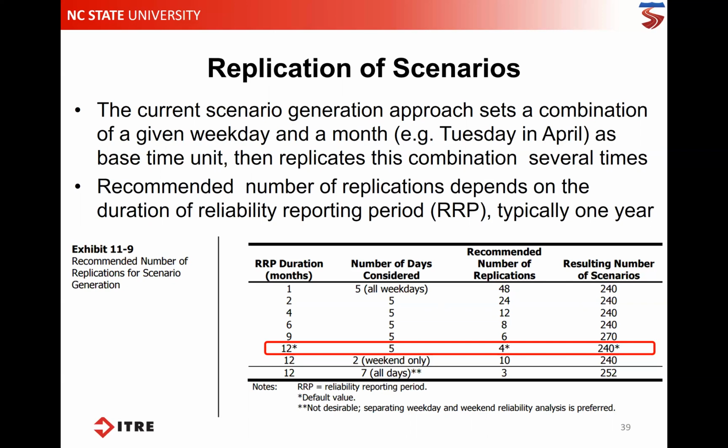If you're analyzing a lower number of days, a season, in winter for example, then we do recommend that you can increase the number of replications to give you the variety of things that you can see within a confined period. So the reliability reporting period is really the temporal scope of the analysis, and typically it would be 1 year.